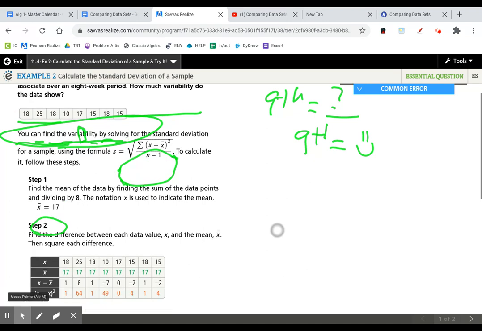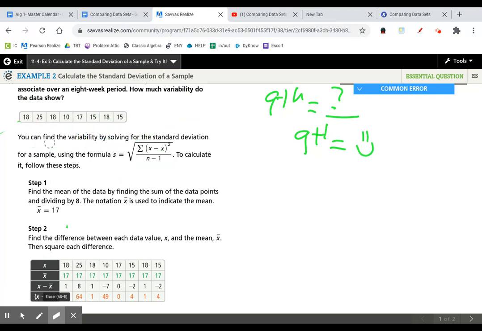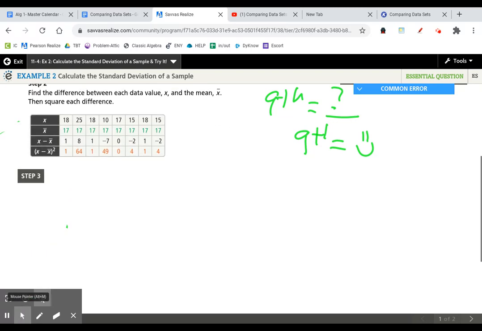So now it's having us check out each of these points. It's copied these points from up above, all 8 values, and placed them right here, right?